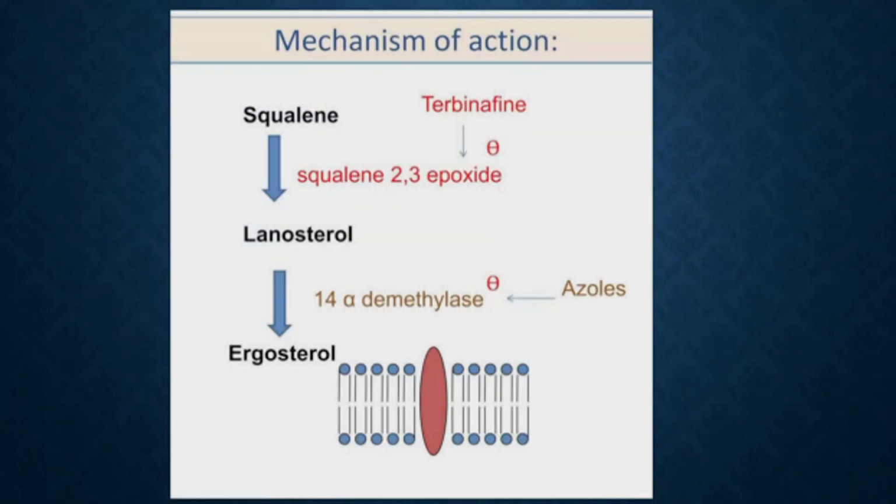As a result, there is an increased chance of toxicity if we increase the dose. Now, the mechanism of action: it mainly inhibits the 14-alpha demethylase enzyme, which inhibits the conversion of lanosterol into ergosterol, an essential part of our fungal cell membrane.